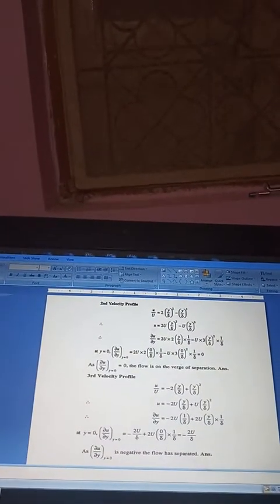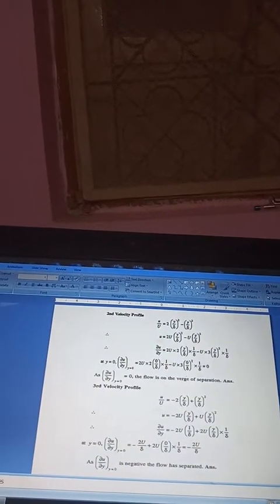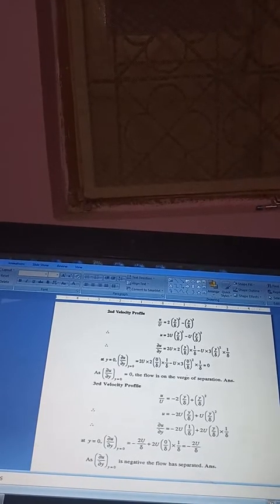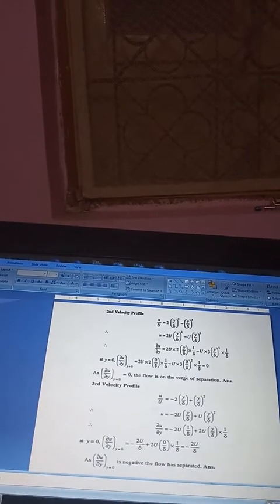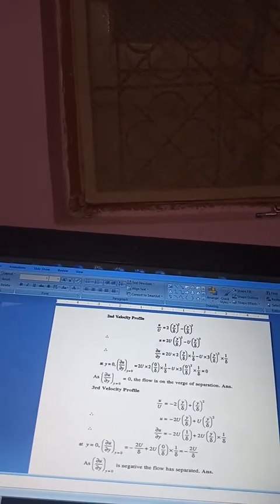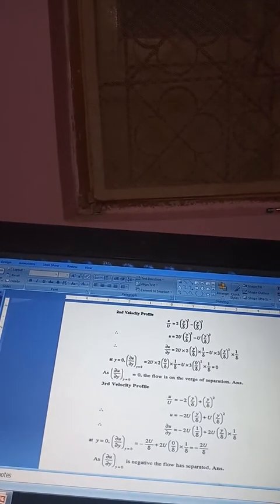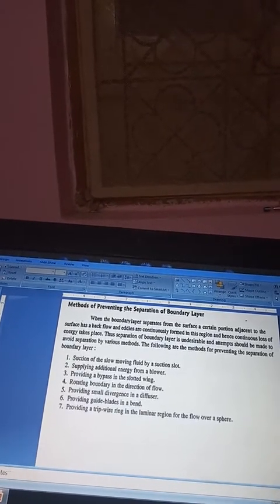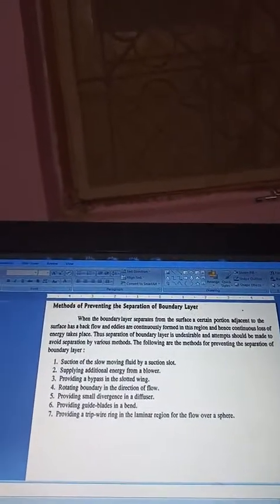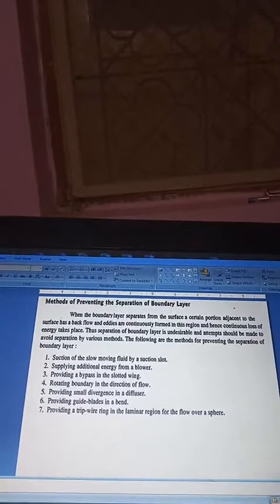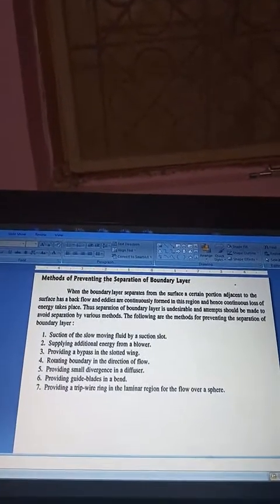So friends, this is about the separation of the boundary layer. I have already told you that the separation of the boundary layer is not a favorable condition, so we have to avoid it. There are some methods for avoiding the separation of boundary layer. Why is separation not required?